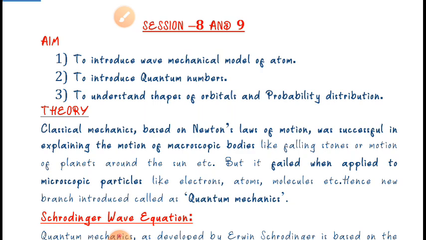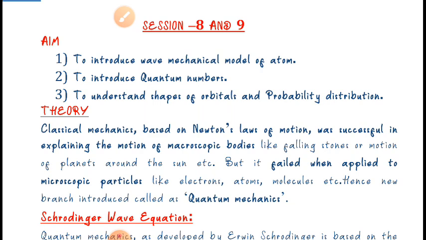Bohr theory considered the electron as a material particle revolving around the nucleus in a circular orbit, whereas the concept of probability visualizes an electron in terms of the probability of its being found in a particular region of space around the nucleus. So from the Heisenberg uncertainty principle, we cannot find out exactly the position and energy of the electron.